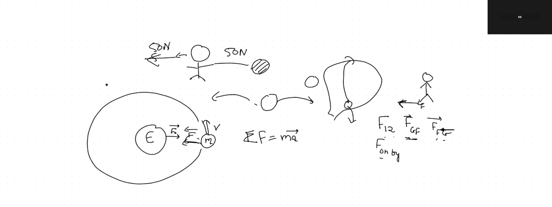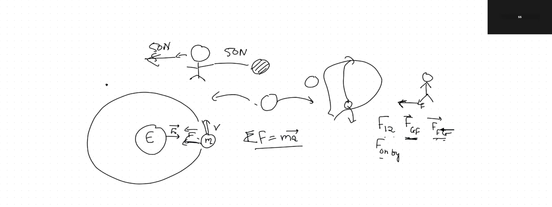Here F and a: a is the acceleration of one particular object, and F includes the forces on only one object. So these forces Fgf and Fg cannot be used in Newton's second law. These are Newton's third law pair.